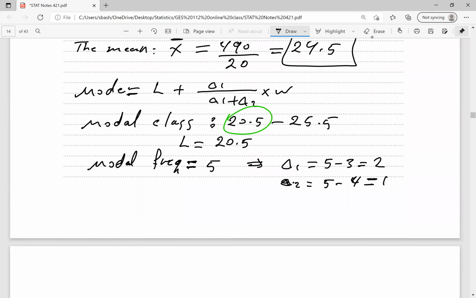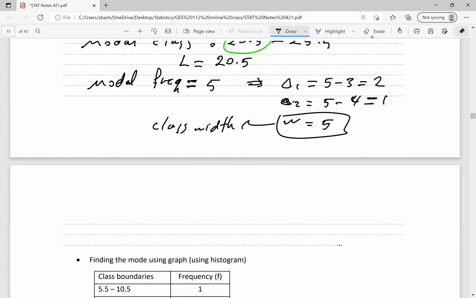And we know that the W, the class width, is equal to 5. So the mode for this one, using the formula, will be 20.5 plus delta 1, which is 2, divided by delta 1 plus delta 2, multiplied by class width, which is equal to 5.